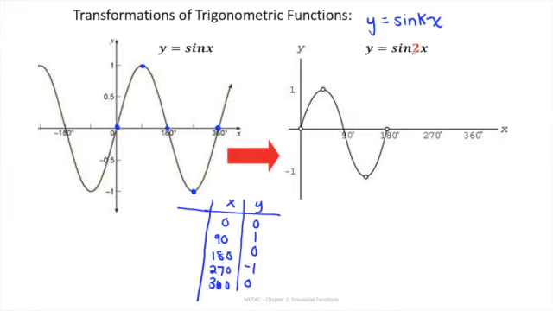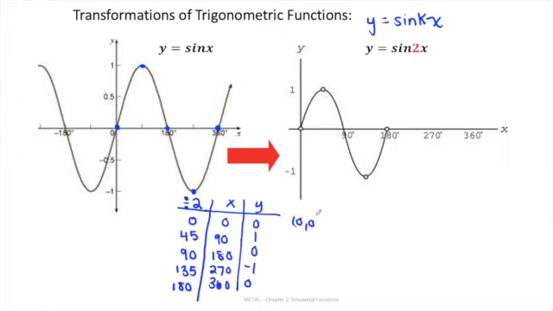Okay, so what you do is you're not going to multiply by 2, but you actually do the opposite. You're going to divide by 2. So you're going to take 0, divided by 2 is 0, 45, 90, 135, and then 180. And then nothing has happened to our y's. We have no other transformations.